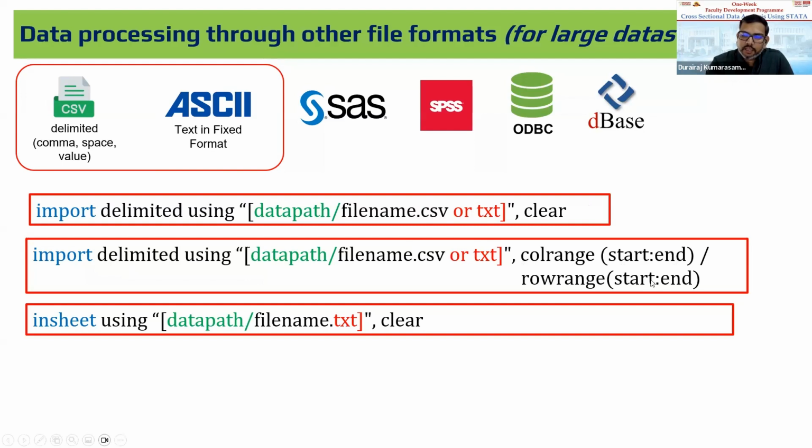Or you can use either a combination of column and row, or only column or only row, whatever suits the requirement. You can also use insheet for a TXT file, insheet using the data file .txt, comma clear. So in this way also, Stata imports the CSV format or .txt format.